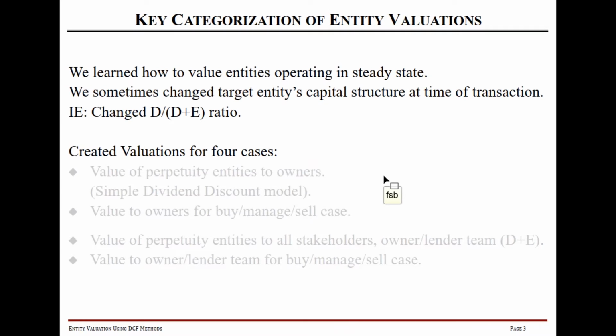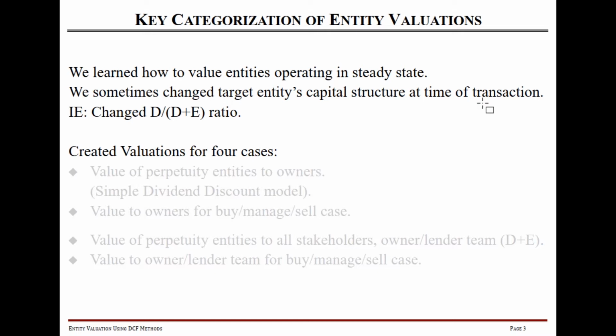Okay, so we learned in Chapter 15 how to value entities operating in a steady state. All of the cases that we looked at were for entities operating in a steady state. And most of the time, we did change the target entity's capital structure when we would get involved. In other words, if we were just considering shareholders, it would be when we bought all of the stock.